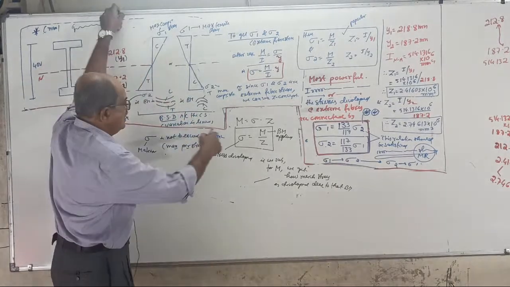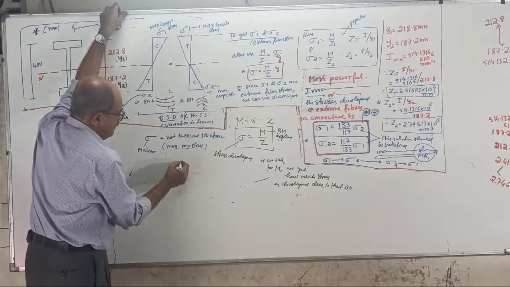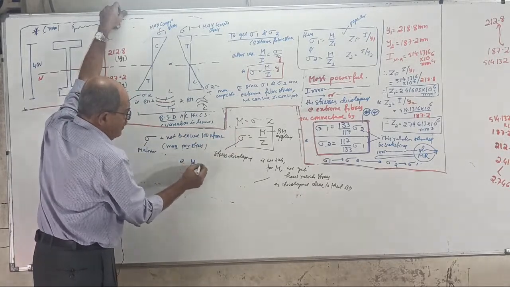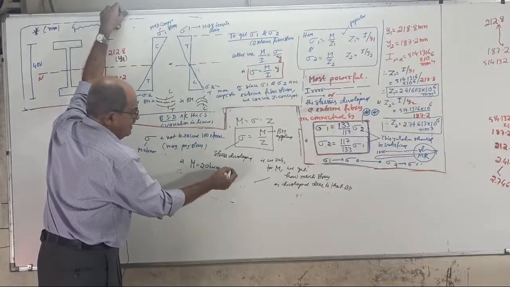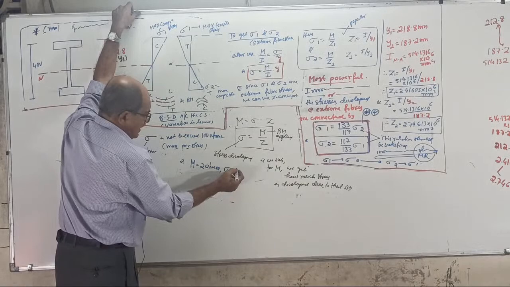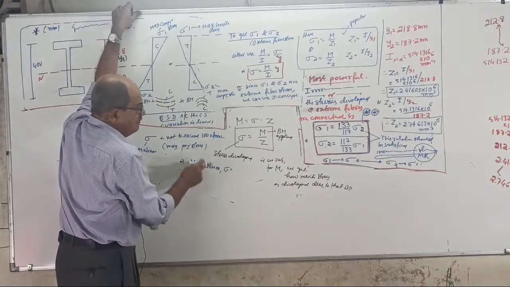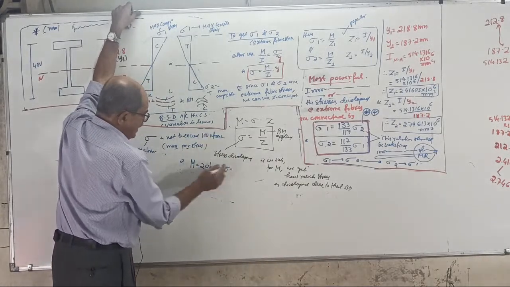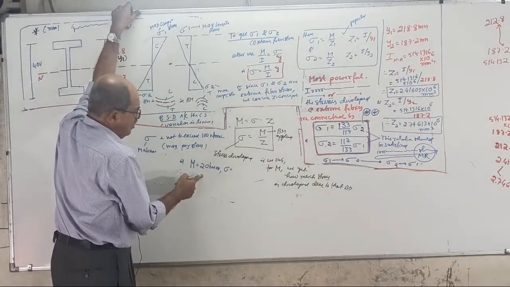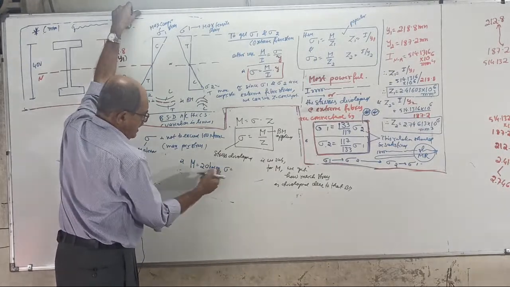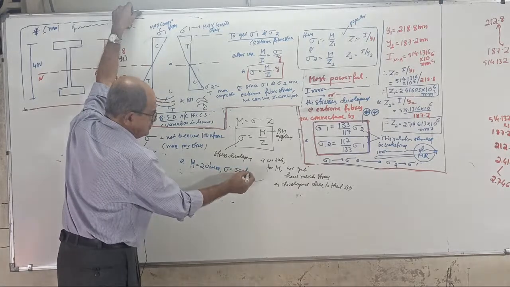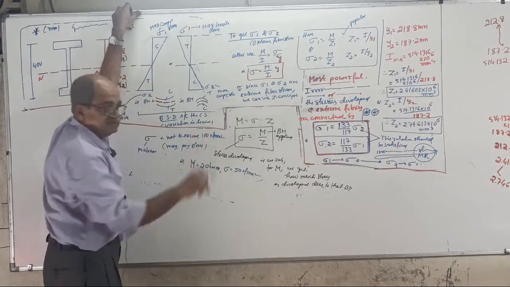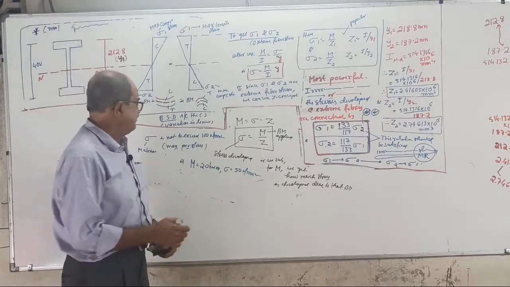Now, suppose you apply a bending moment of 20 kilonewton meter; imagine the stress coming. M by Z will give you, say for example, I will take Z equal to some 10 units, stress developed equal to 50 Newton per mm square. Tell me, safe or not safe?